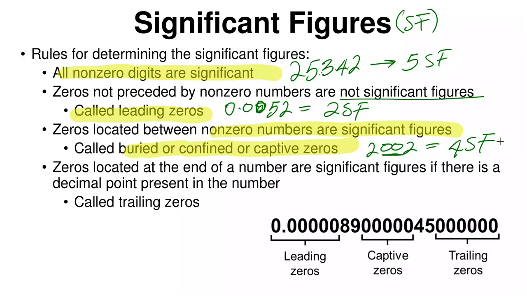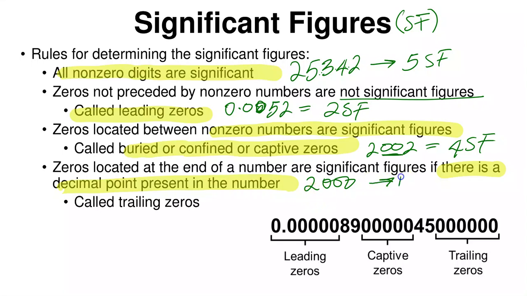And finally, it says zeros that are located at the end of a number are significant if, look at the word if, there is a decimal place present. If there are no decimal places, it does not count. But if there are decimal places, it counts. Let's see an example. This one, let's say 2000, has no decimal place, so what counts here is only the 2.